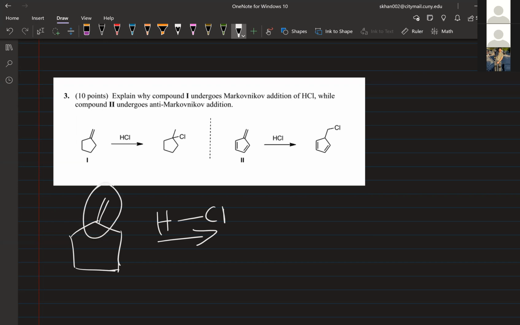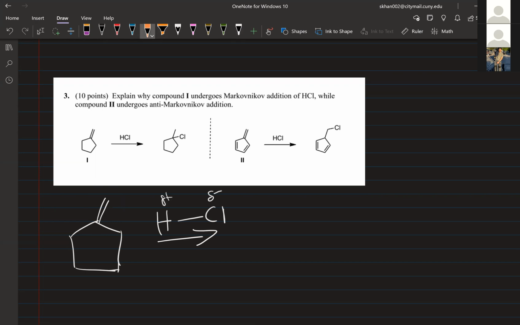This is a part of a molecule that's electron rich. Here you have HCl, partially positive, partially negative. So most likely it's going to be a nucleophile, electrophile thing happening, or protonation, really, if you want to think of it that way.